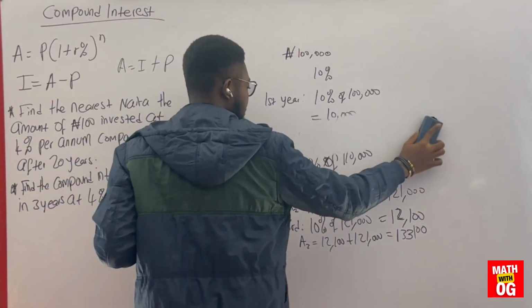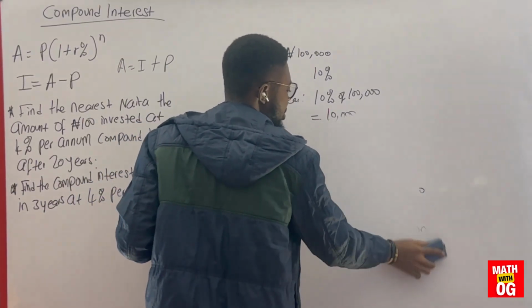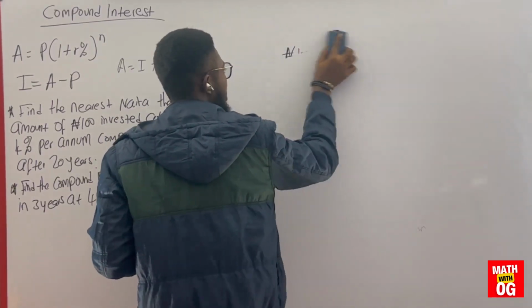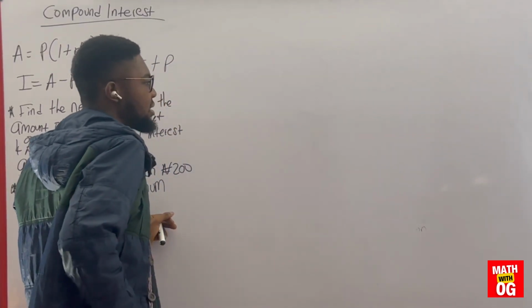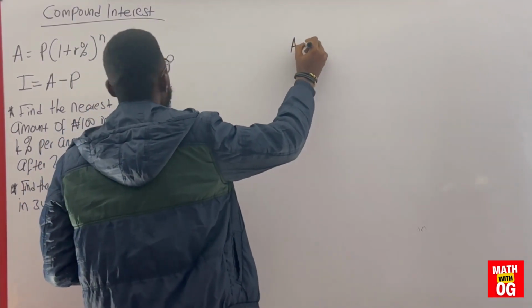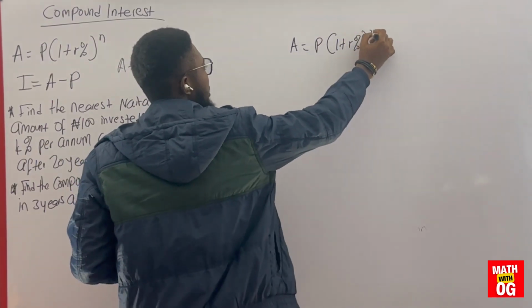As you can see, it will make no sense if we are finding the interest for each year like we did here, because this is 20 years. So it's better you work with the formula when the number of years is actually long. So I can write here my amount is equal to principal into 1 plus R% raised to the power of n.